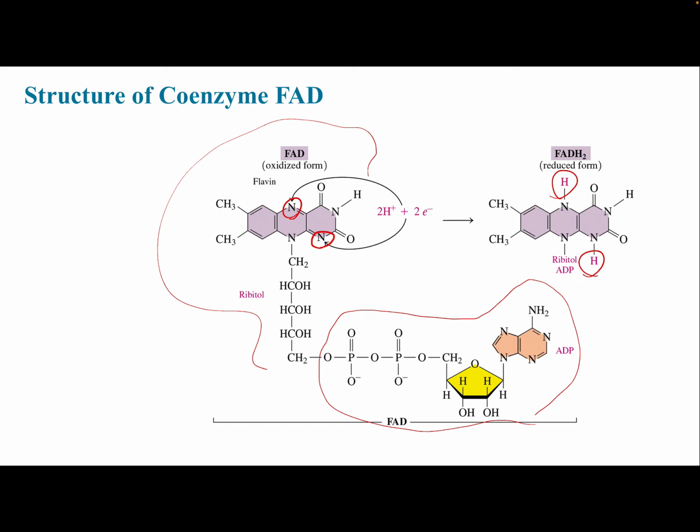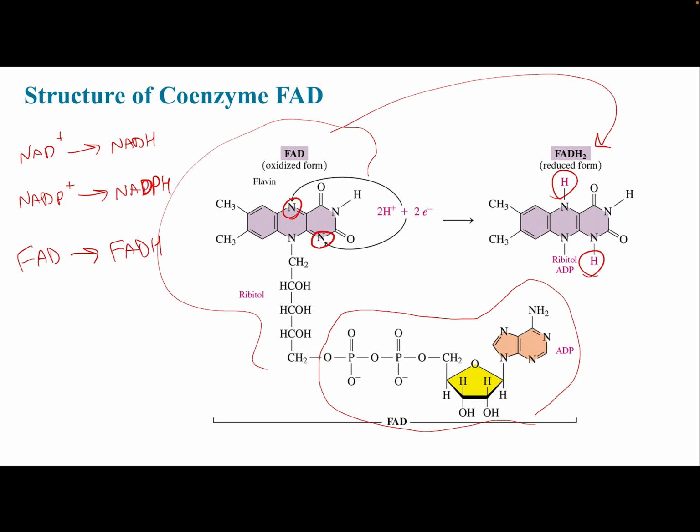And so FAD reduces into FADH2 when you are looking at the formulas. So NAD plus into NADH, NADP plus into NADPH, and then FAD into FADH2. No charges on that one.